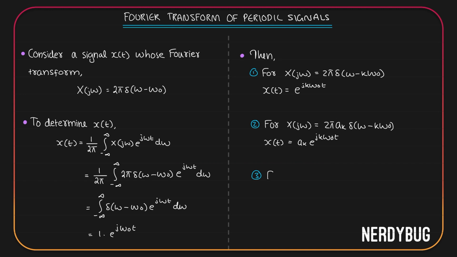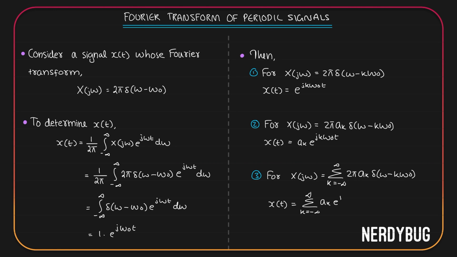I want to find x of t for x of j omega equal to, what I'm going to do is take the summation from k equals minus infinity to infinity of this x of j omega. That is 2 pi a k delta of omega minus k omega naught. Now in that case, the x of t I get will be summation from k equals minus infinity to infinity of this x of t.